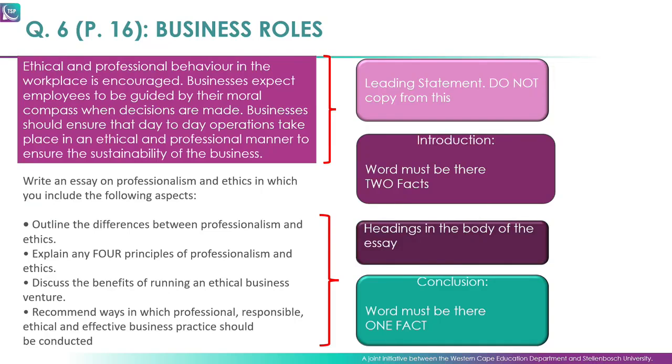So outline is your lower order question, explain and discuss is your middle order questions, and then recommend is your higher order questions. If you break up a business studies paper, 30% of the paper is lower order questions, 50% is middle order, and then the remaining 20% is higher order.